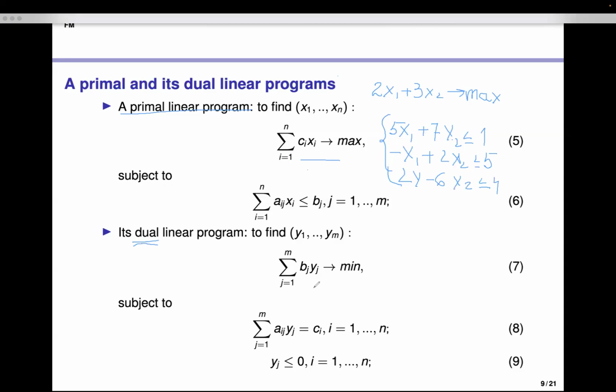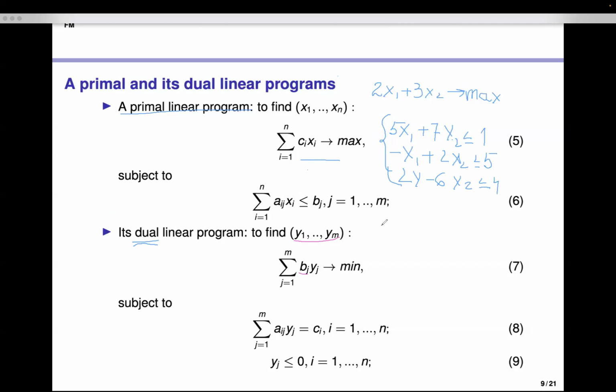What will be the objective function? We need to take b. First we need to find how many y variables we have in the dual linear program. What do you think for this example?